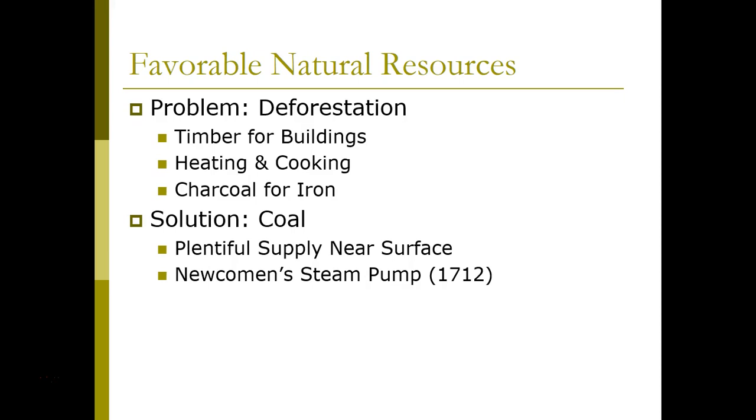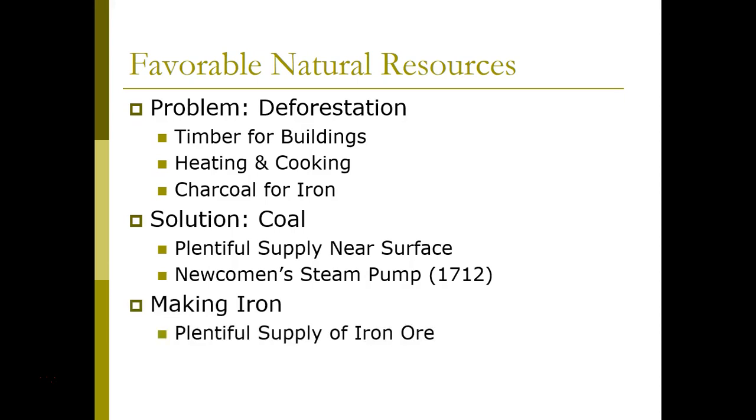Now, a final aspect of this has to do with iron, because like coal, Britain is unique because there's a great deal of iron ore. Again, that's the iron that's sort of trapped in rocks. They have an awful lot of it compared to other parts of the world. But of course, the trick is you've got to get it out.